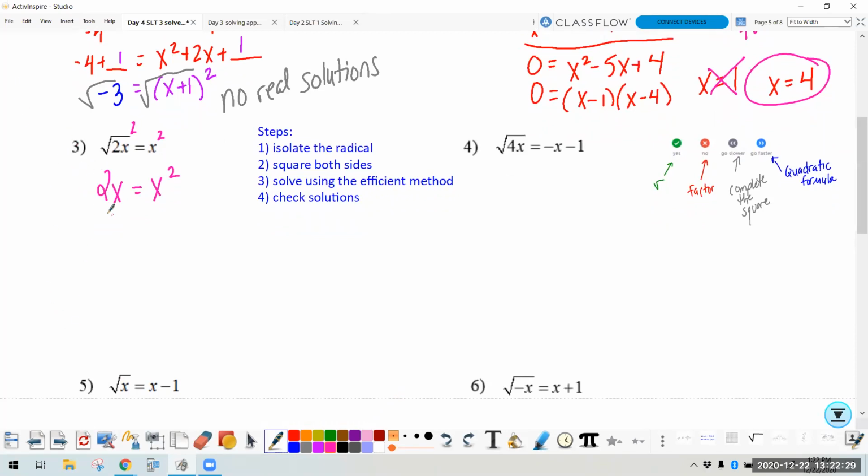When you get a situation like 3 where you have 2x equals x squared, you can never, ever, ever divide by x. We cannot divide variables. When you divide away a variable, you eliminate a possible answer. Don't divide by x.